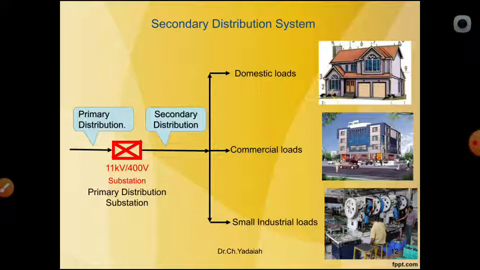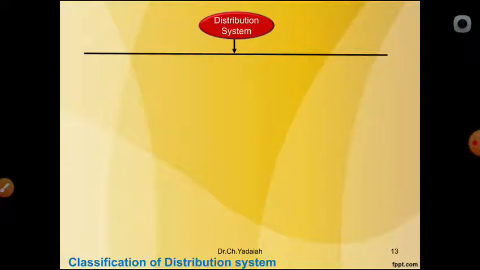Now, first of all, how is the distribution system classified? What are the different types, and what are the factors to classify the distribution system? The distribution system is classified based on different factors.